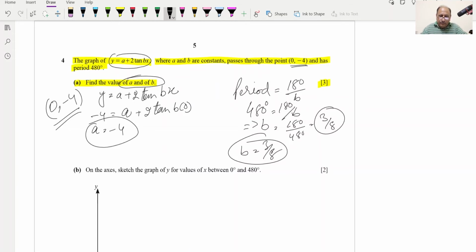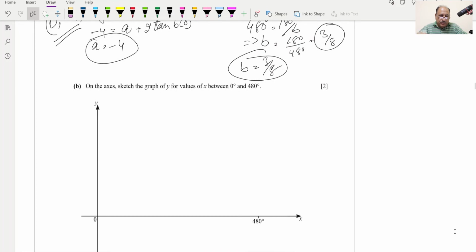Now B part is a little tricky. They're saying on the axis sketch the graph of Y for values of X between 0 to 480. This is 2-mark question, but a little understanding is required for this one, and we can understand this by drawing this.